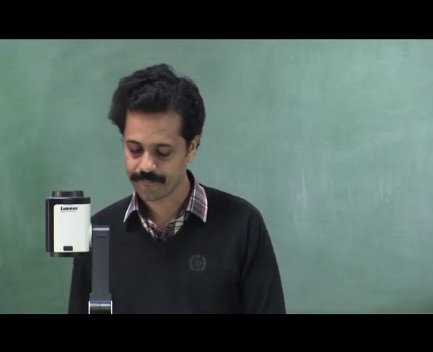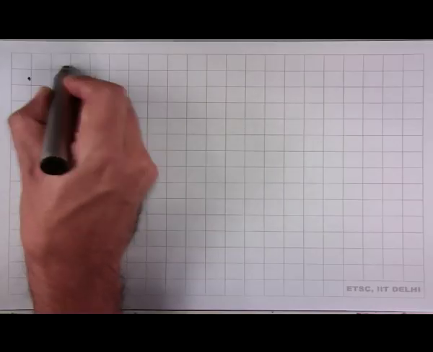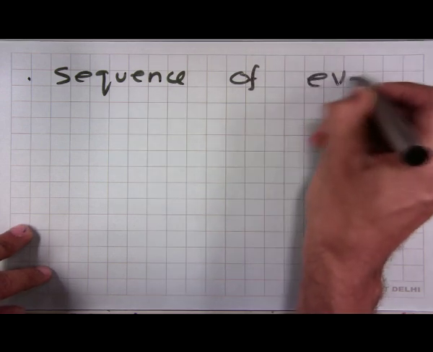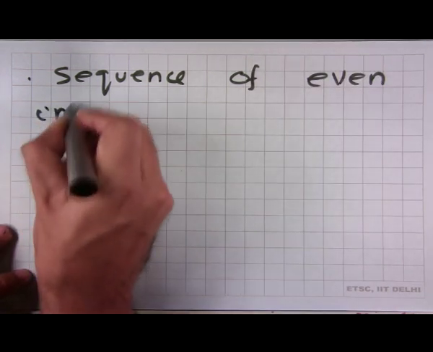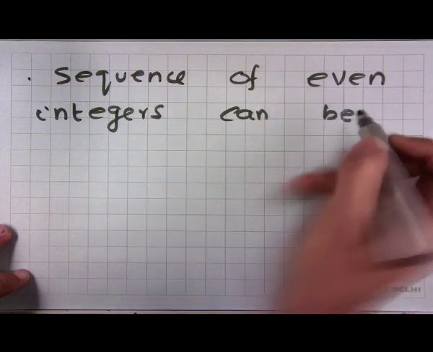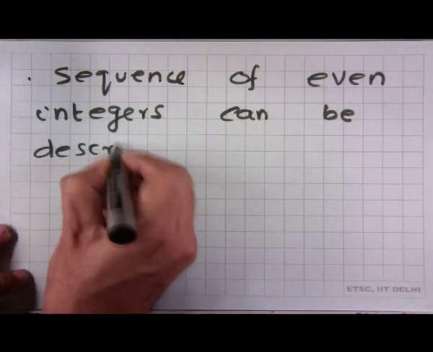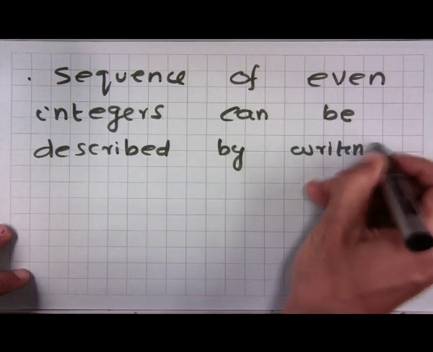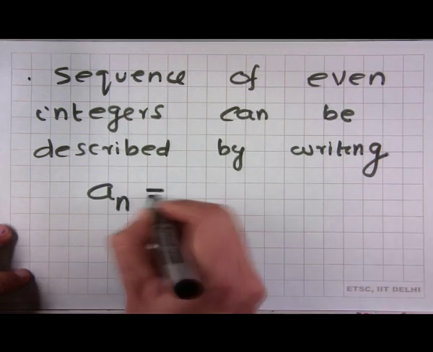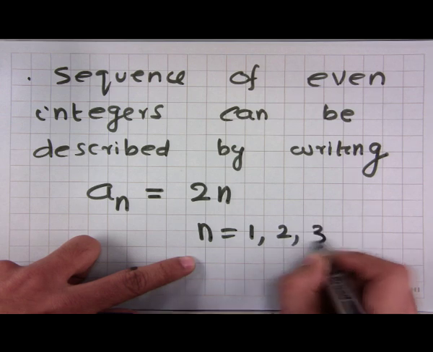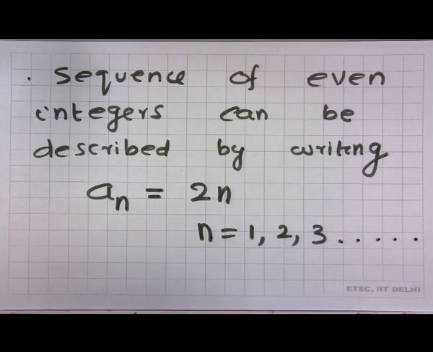For instance, the sequence of positive even integers can be described by writing An is equal to 2n, n is equal to 1, 2, 3, etc. This is one way of describing a sequence.